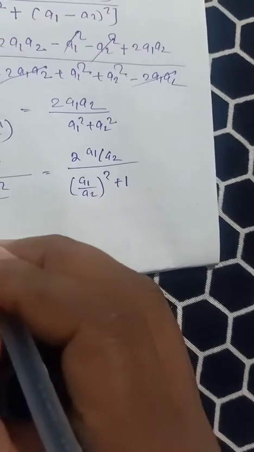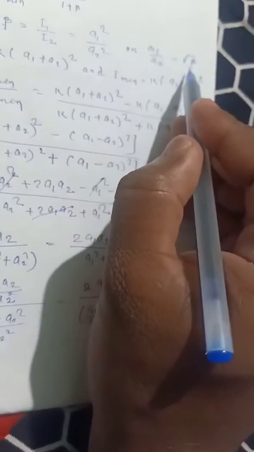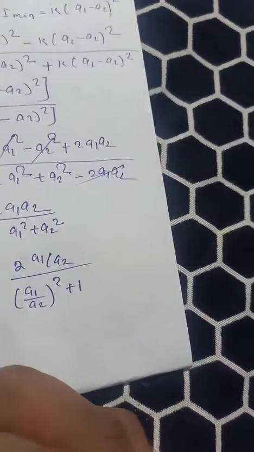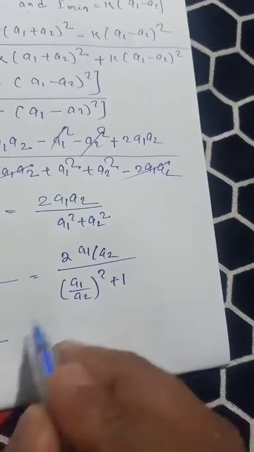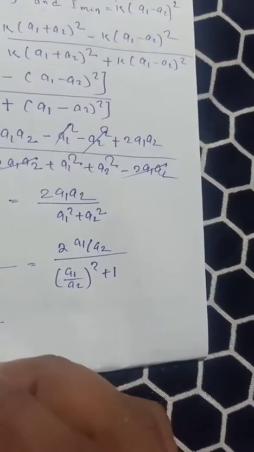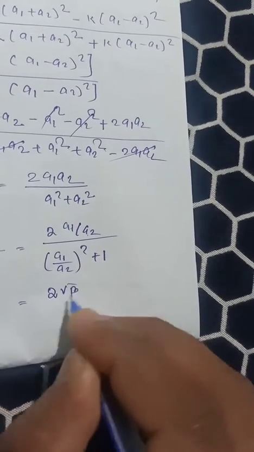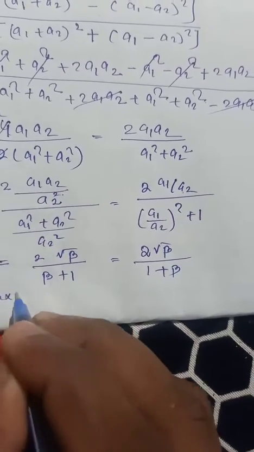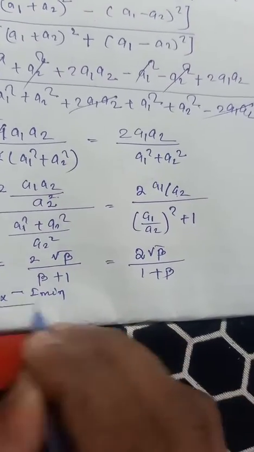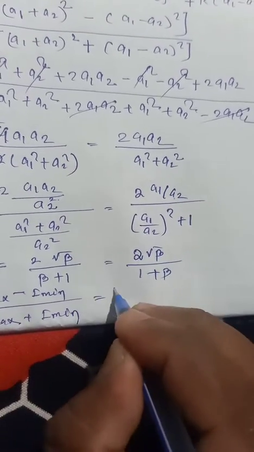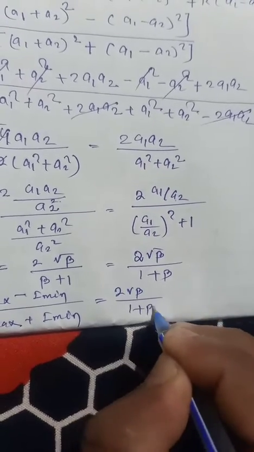A1 by A2 is equal to root beta, and (A1 by A2) whole square means beta, so it is 2 root beta divided by beta plus 1. Therefore (Imax minus Imin) divided by (Imax plus Imin) is equal to 2 root beta divided by 1 plus beta.